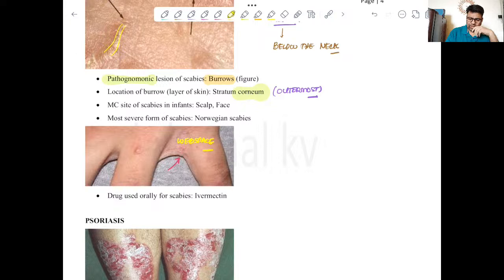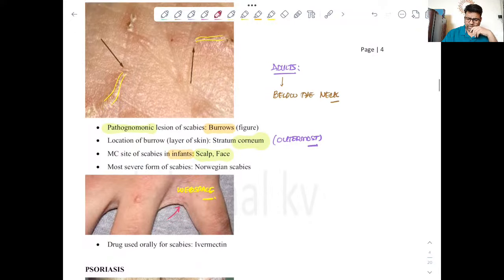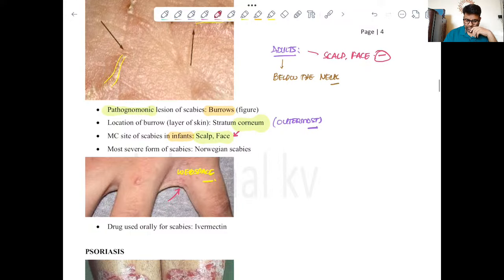But in children or in infants, it can affect the upper part of the body as well. So scalp and face can be affected. Here in adults, scalp and face are not affected, but in infants they can be affected. So that is one major difference.